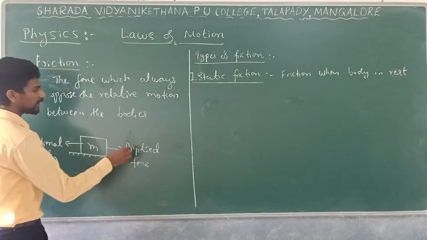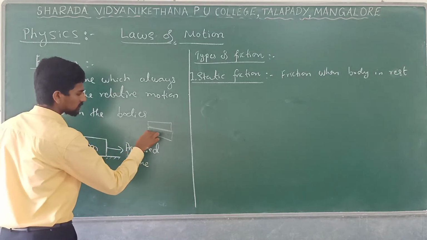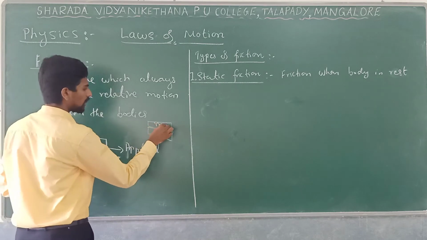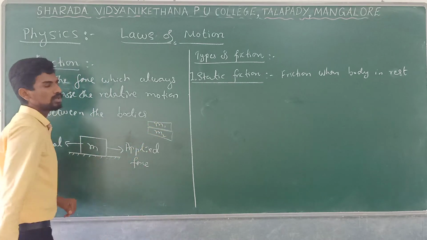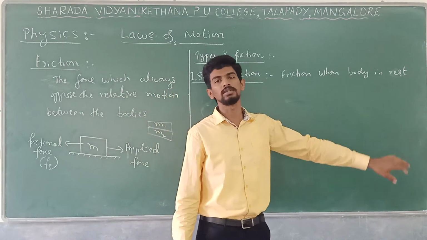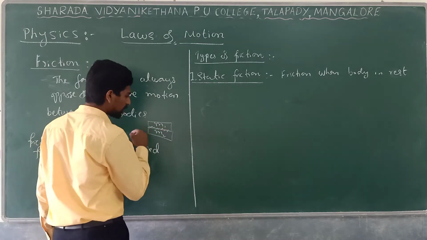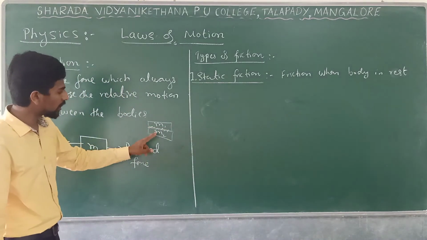For example, if I take two bodies, M1 and M2, and they move in the same direction with the same velocity, is there any friction at the surface where M1 and M2 are in contact?